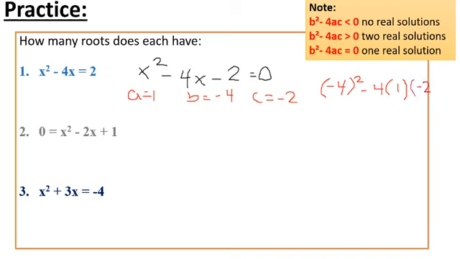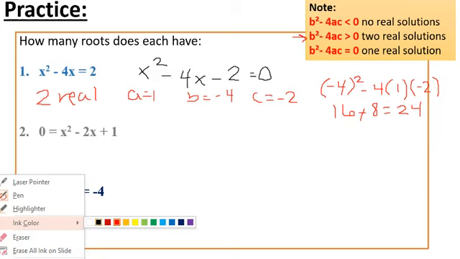Let's see what we get here. Well, negative 4 squared is 16. Negative 4 times 1 times negative 2 would be a positive 8. Well, 16 plus 8 is 24. So I get a value greater than 0. In this case, b squared minus 4ac is greater than 0, so there would be two real solutions. So I'll put 2 real.